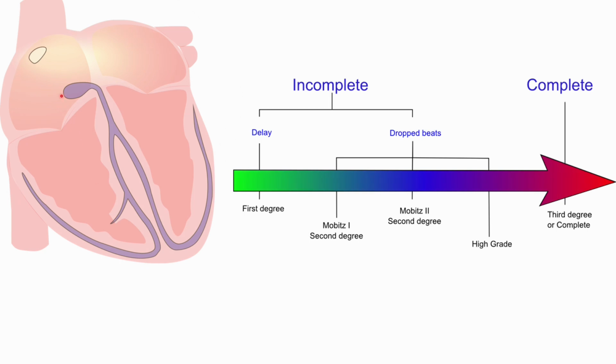Now, the AV node may be just delayed, and this is called first degree heart block, or may be completely non-functioning, and this will result in dropped beats. Up to complete AV block means no impulse is reaching the ventricles from the SA node.